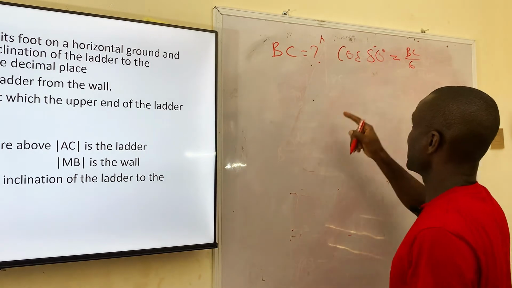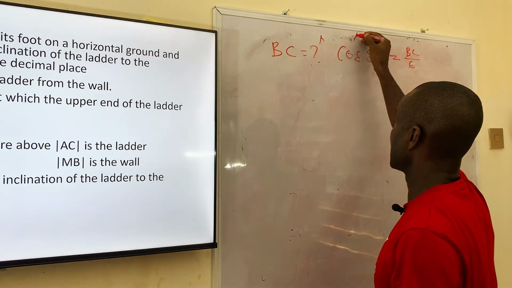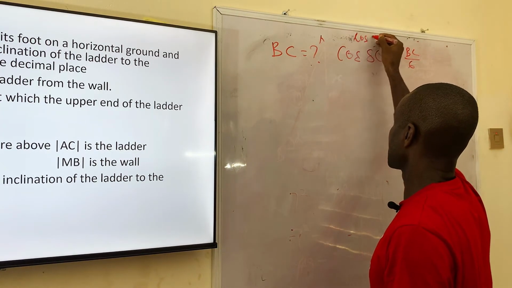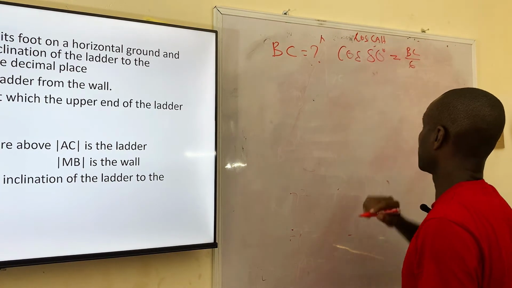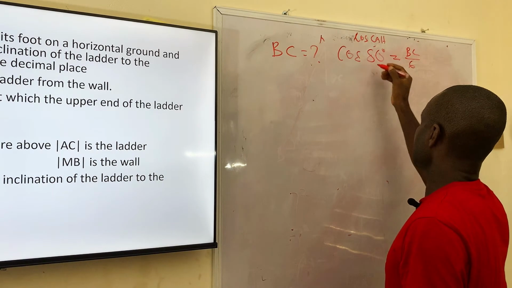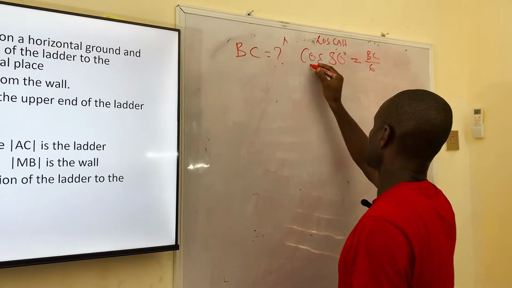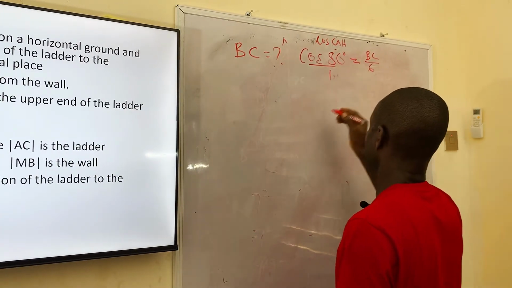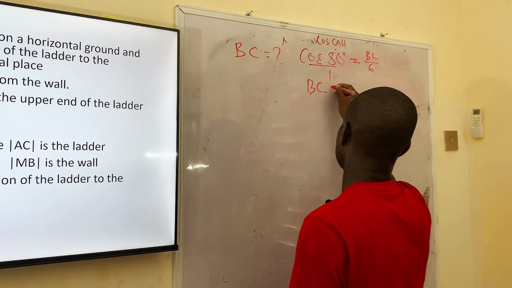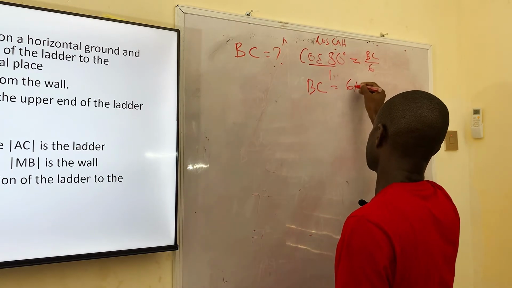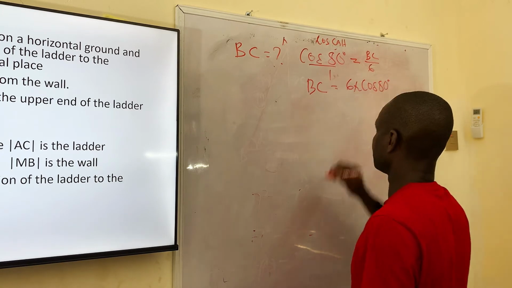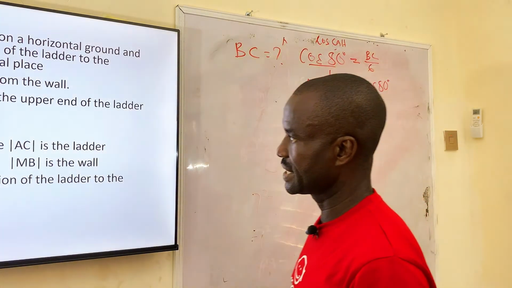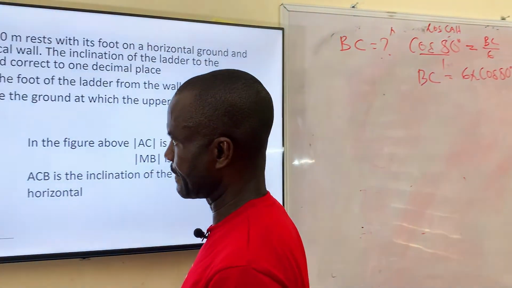So cos means adjacent, that's CAH. If you remember SOH-CAH-TOA, that's adjacent all over hypotenuse. So cos 80 degrees equals BC over this. So cross multiply to give us the value BC equals 6 times cos 80 degrees.